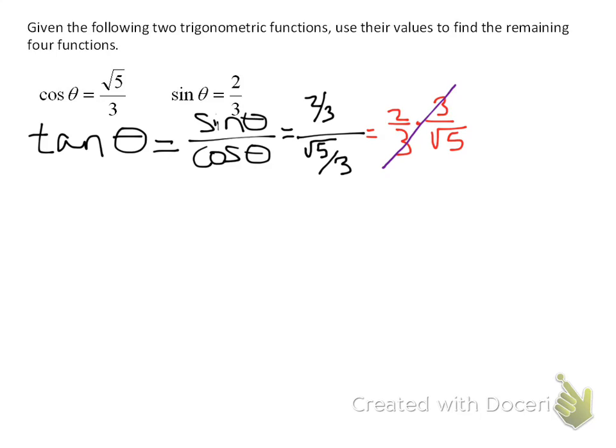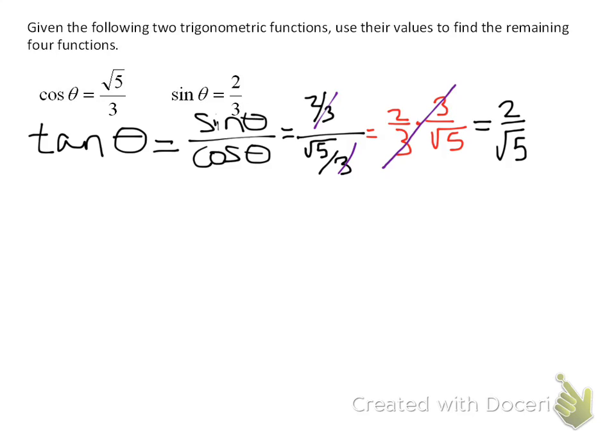We could have done that a step previous when we had 2/3 over the square root of 5/3. If you have denominators inside fractions and the denominators inside the fractions are the same, you can cancel them right away. And so this leaves us with 2 over the square root of 5.